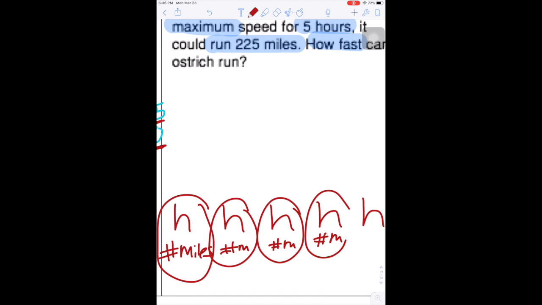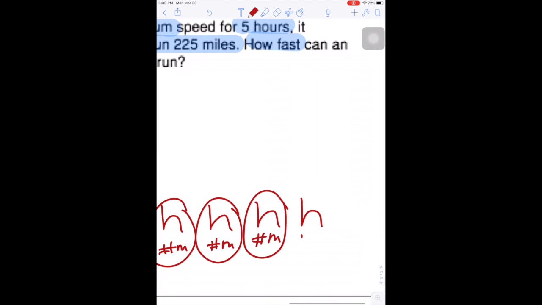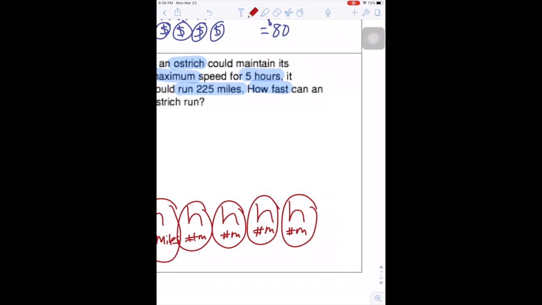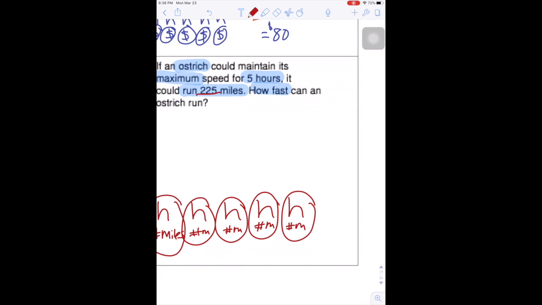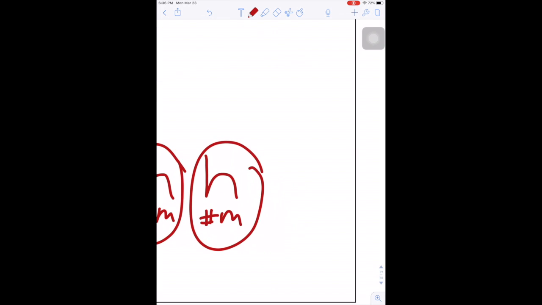We just know at the end of it, he did a total of 225. So all together, these are going to equal 225 miles.